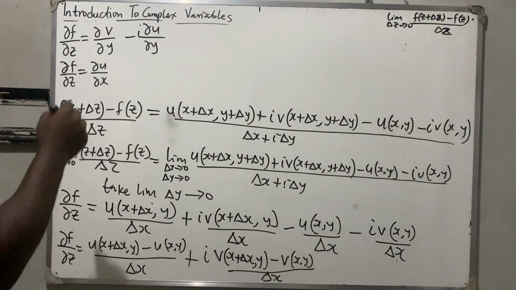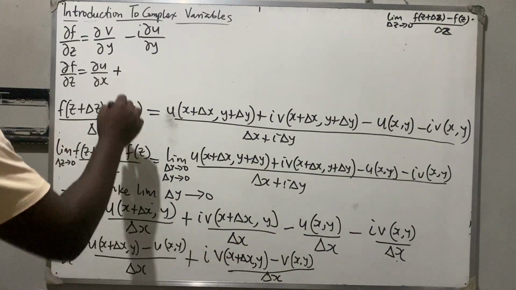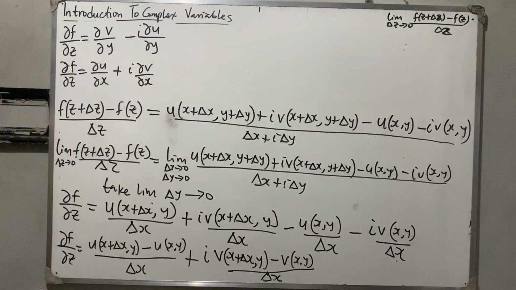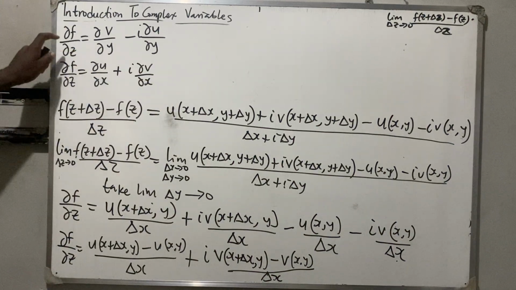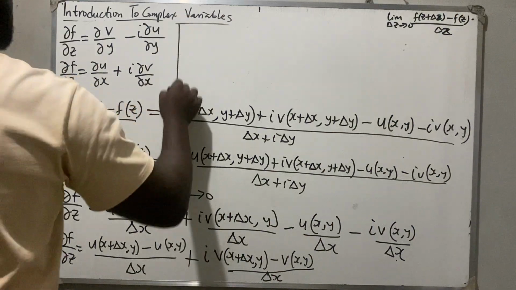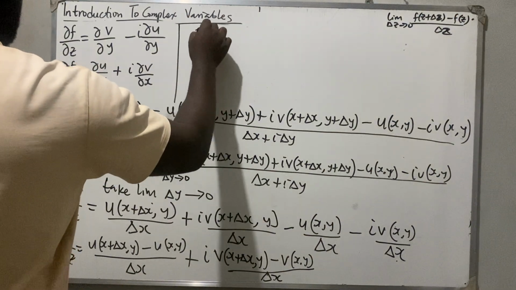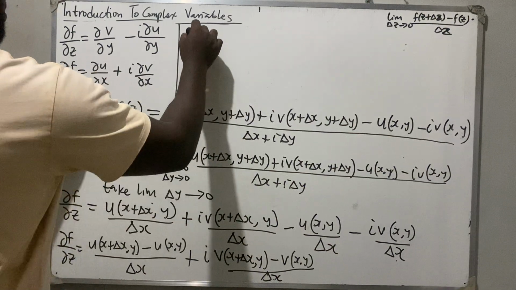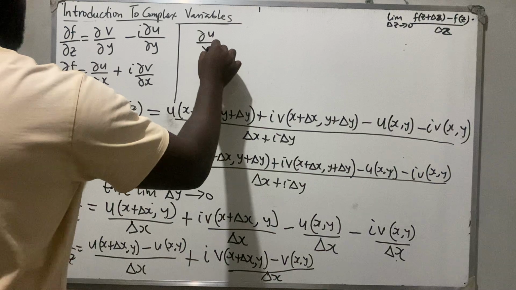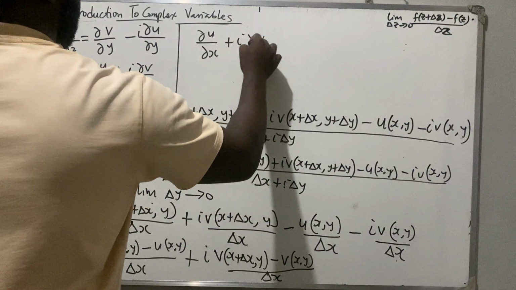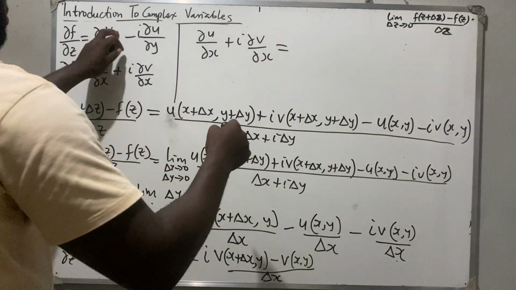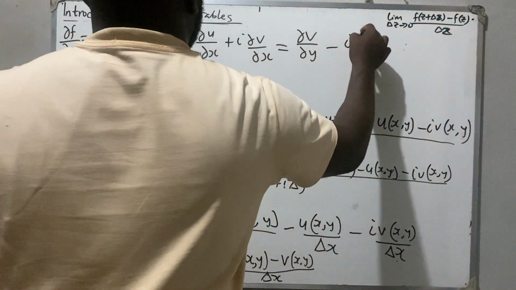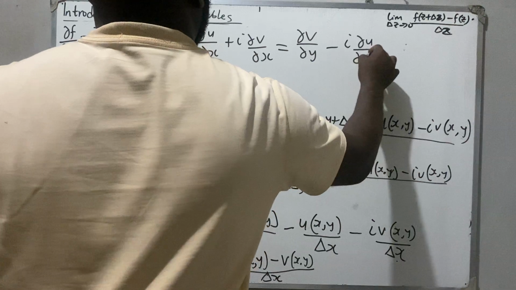So this is now plus i partial v partial x. Now you see that these two things are equal, so equating the two of them: partial u over partial x plus i partial v over partial x is equal to partial v over partial y minus i partial u over partial y.